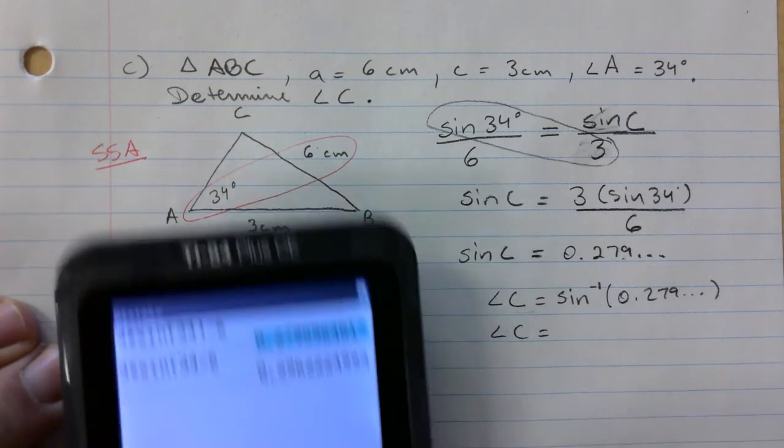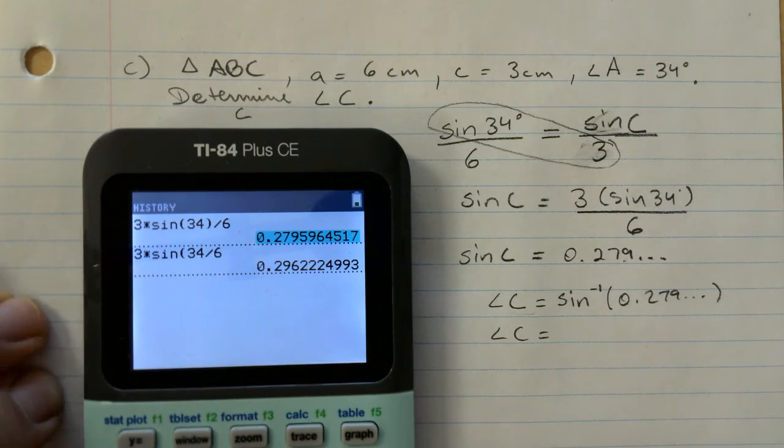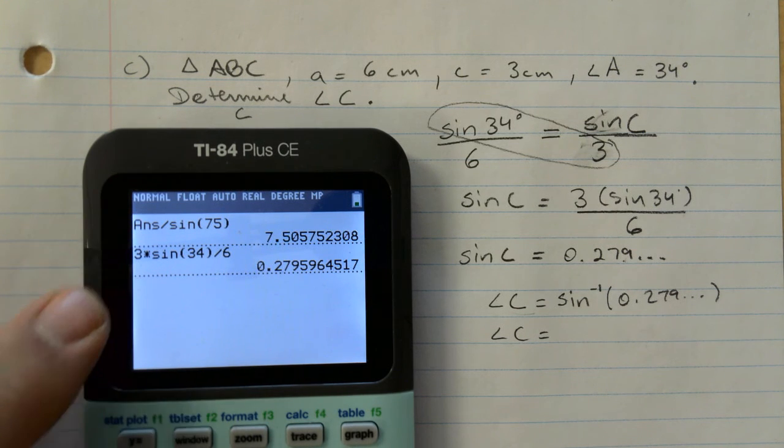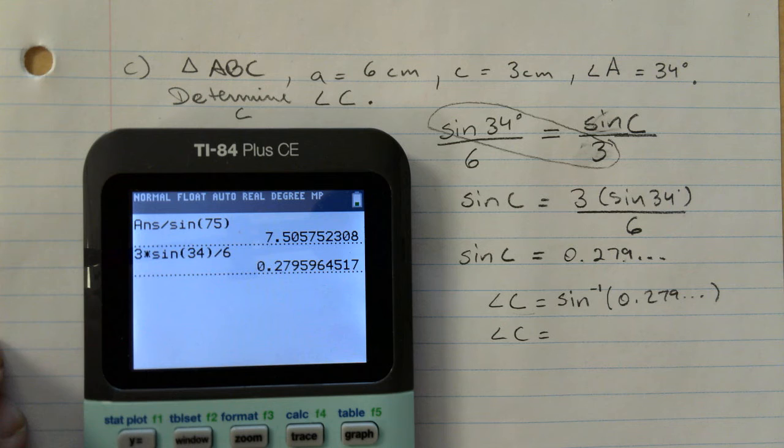So watch how I'm going to do this on my calculator. Let's see if I can delete that line. Yeah, I can. So you're going to go second. You see that arrow up already. Second, and then press sine, then you see the inverse.